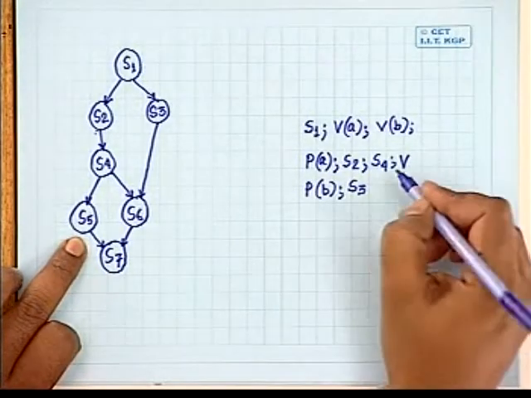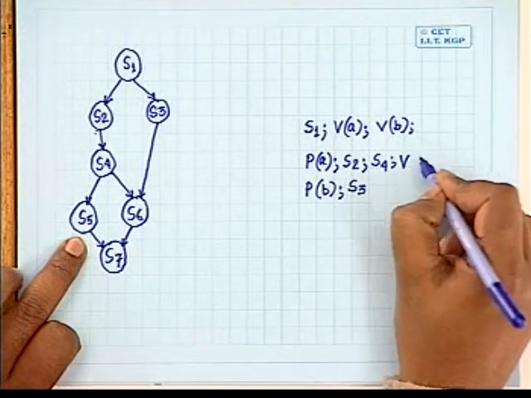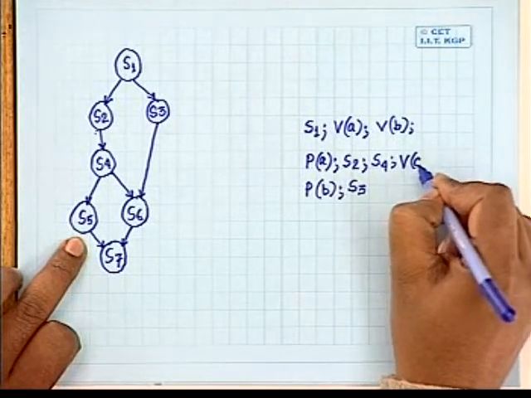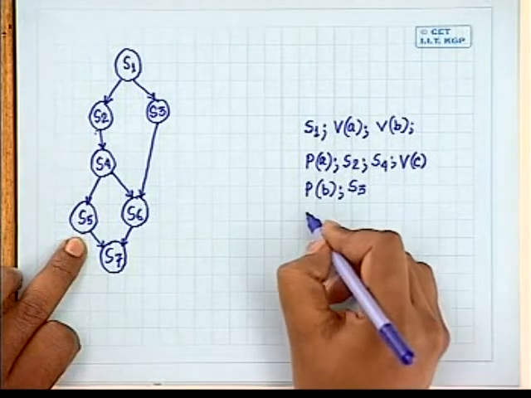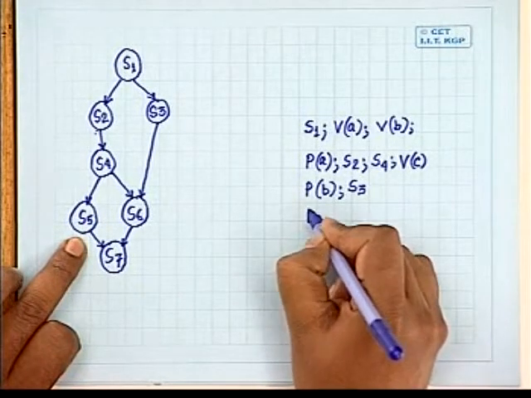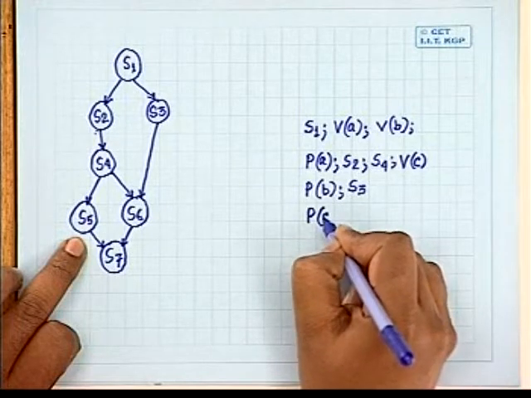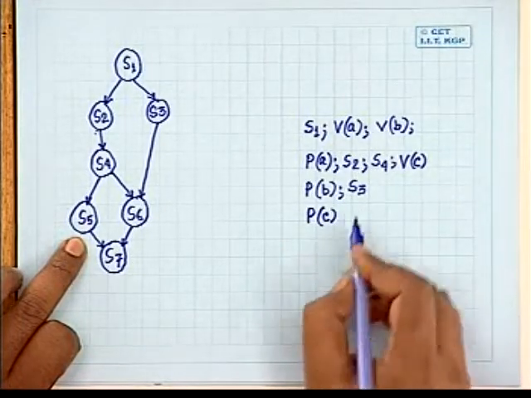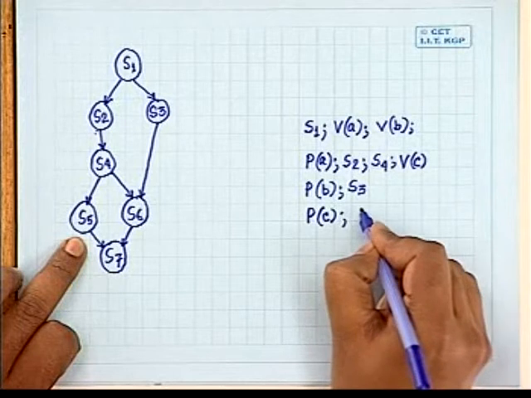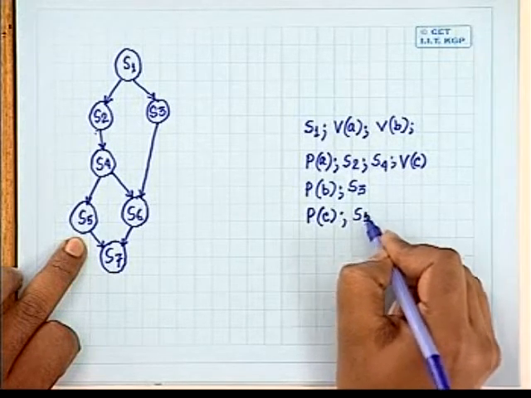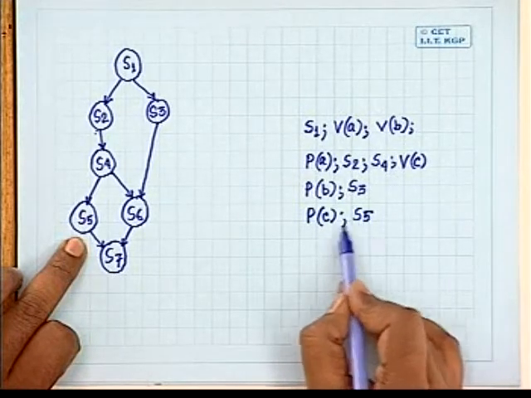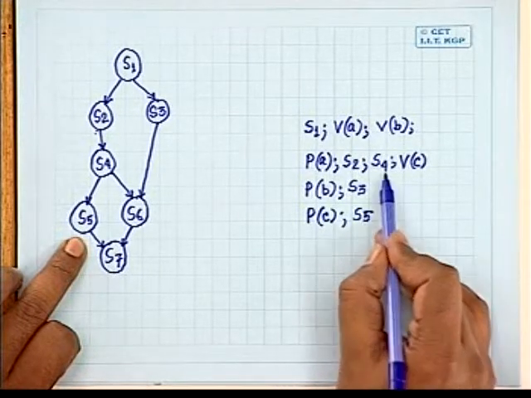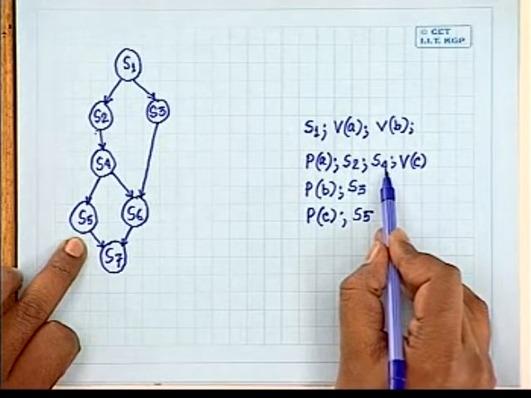Let me use some other semaphore, say V(C). Okay, here I'll put a P(C) semaphore operation, and after that will come S5. Okay, so this ensures that S5 can be executed only after completion of S4.